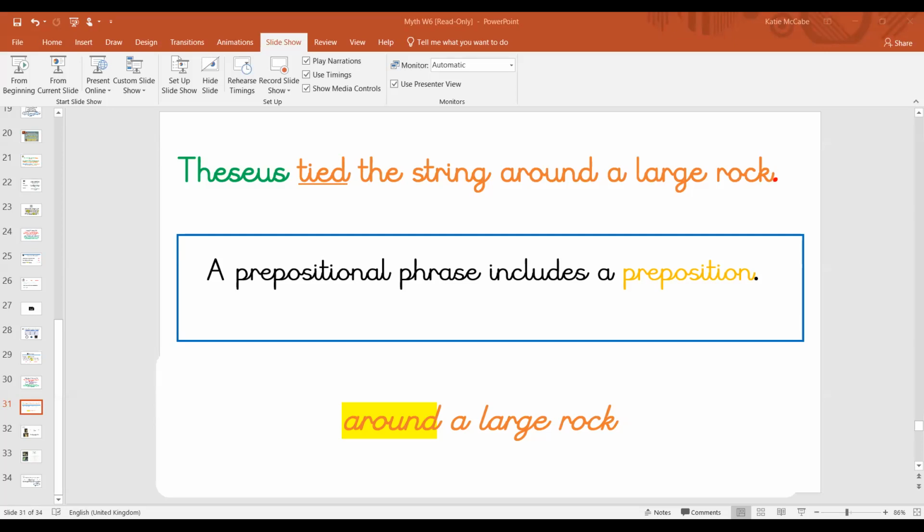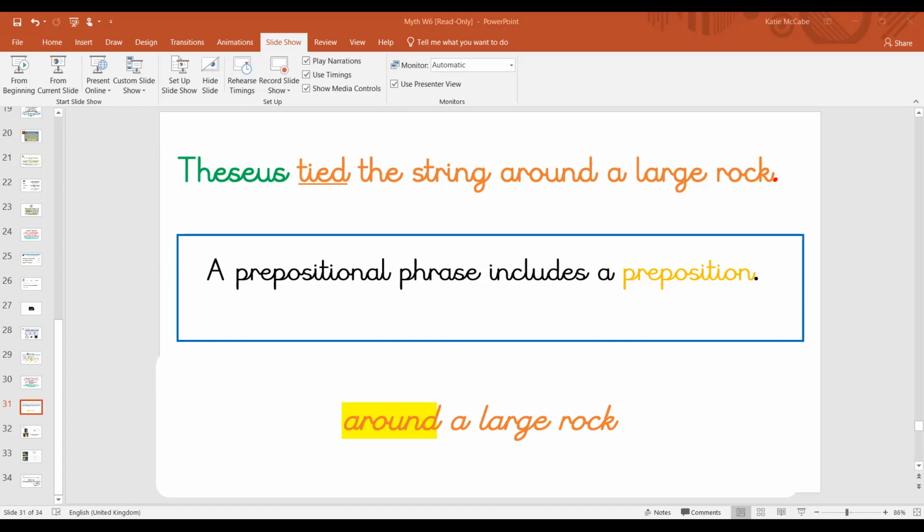In English, we are learning about prepositional phrases. I'm going to use my ruler to underline.